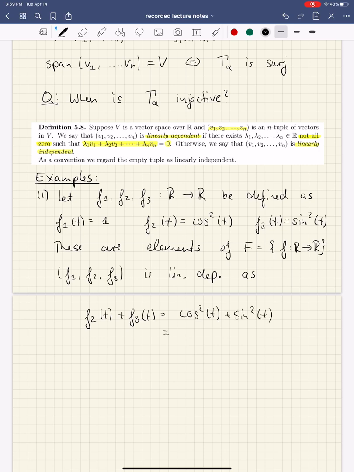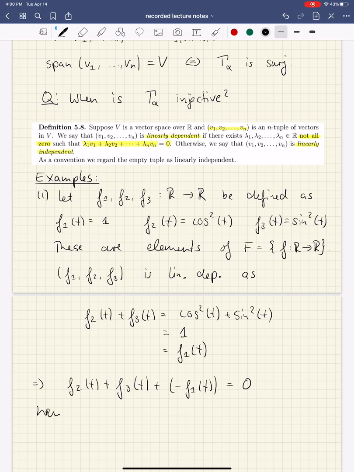Then if we remember well from our trigonometry, we'll know that this is always equal to 1. And this is equal to the constant 1 function f1. So this implies that f2 of t plus f3 of t plus minus f1 of t is equal to 0.